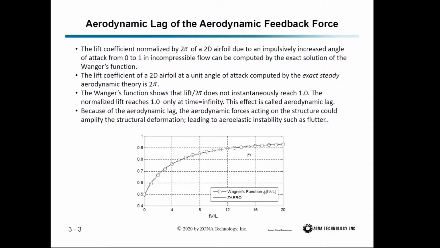We all know for steady aerodynamics, the steady lift of a 2D airfoil at a unit angle of attack computed by the exact steady aerodynamic theory is 2 pi. However, the Wagner's function shows the lift does not instantaneously reach 1. The normalized lift reaches 1 only at t equals infinity. This effect is called aerodynamic lag.